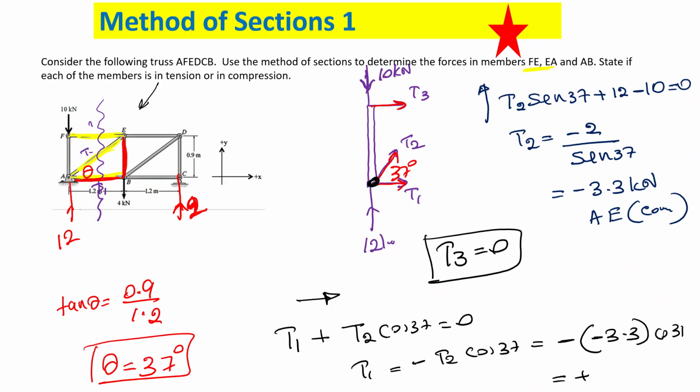So that means this one is under tension. What is it? T1 is your member AE. No, AB. Member AB is under tension, 29.6 positive kilonewtons and tension. Okay. Any question?